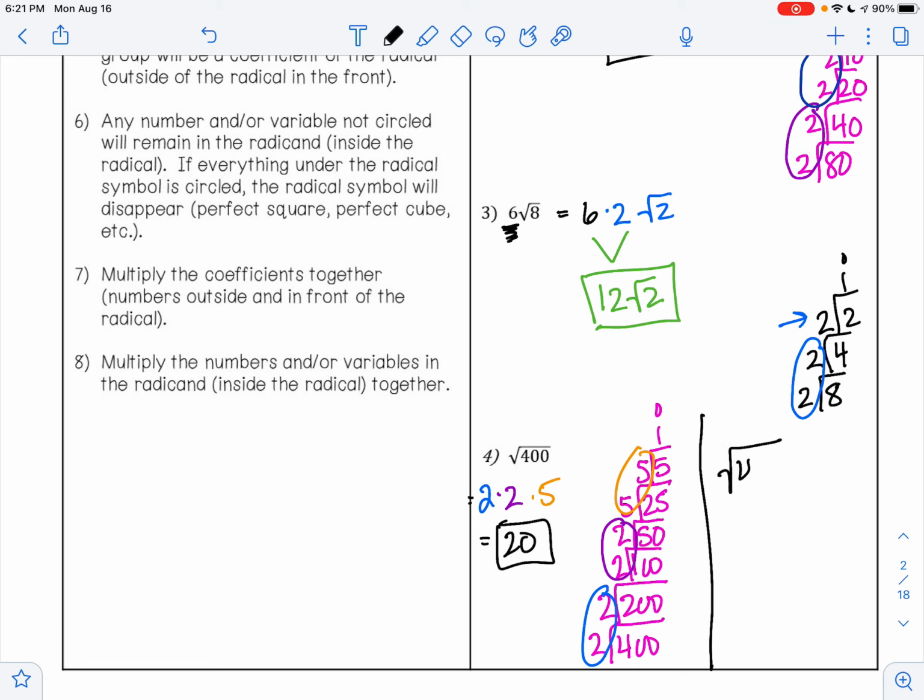The square root of 400 is 20. And some of you might have been able to see that right away because you knew that 400 is a perfect square. If you didn't know that, that is okay. You can do the birthday cake method. And when you get no numbers left over from your pairs, that means that you have no square root.